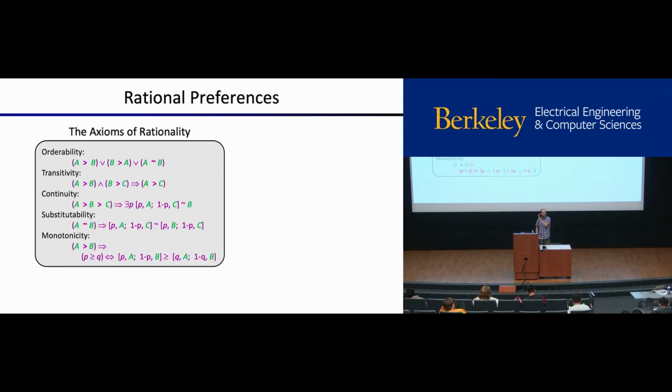If your probability of getting the $200 was 1, you're going to go for the lottery, right? As we scale that probability from 0 to 1, there's going to be some point at which you're indifferent between taking the $100 guaranteed or taking the lottery between the 0 and the $200. It's not going to be the case that at a 37.615% chance you want this, and at a 37.616% chance you want the other thing without ever having been indifferent in the middle. So there exists a probability such that you're indifferent between these two outcomes.